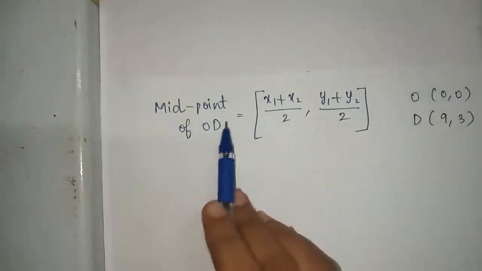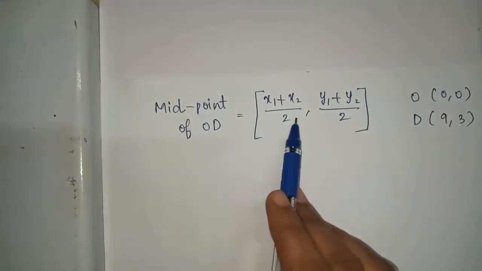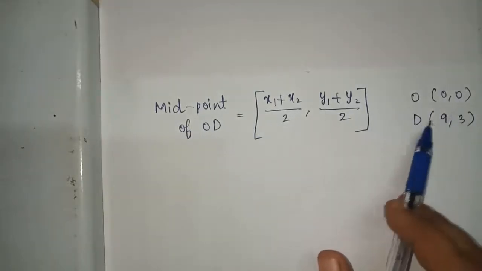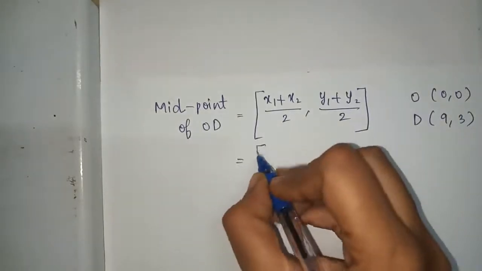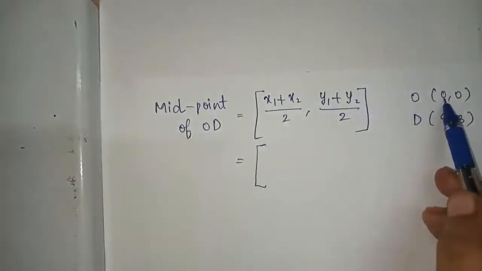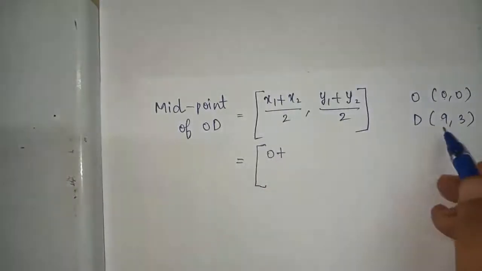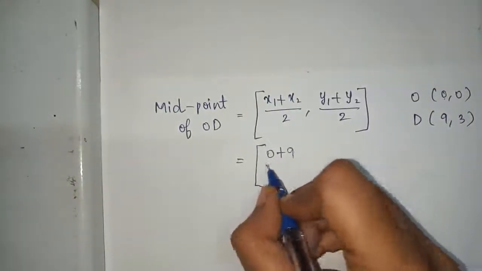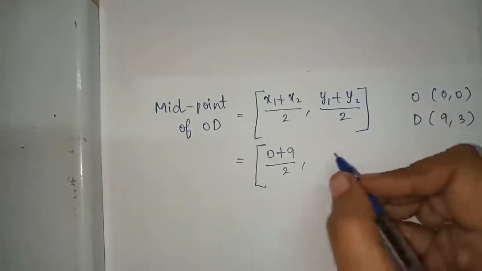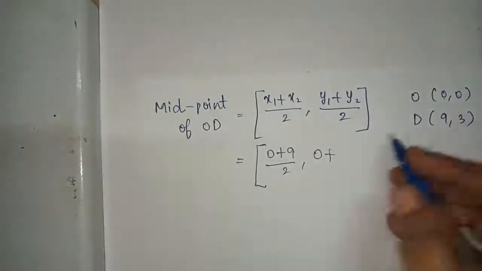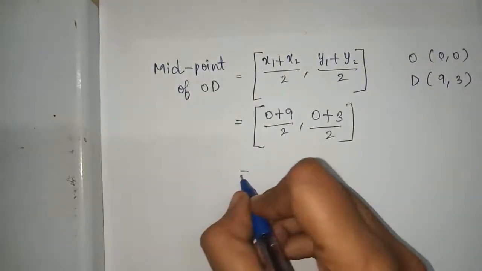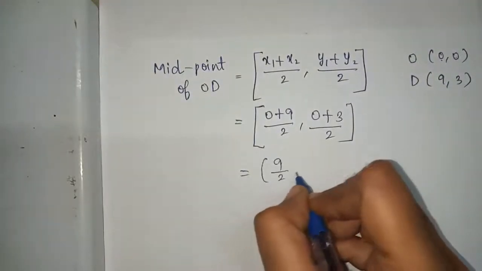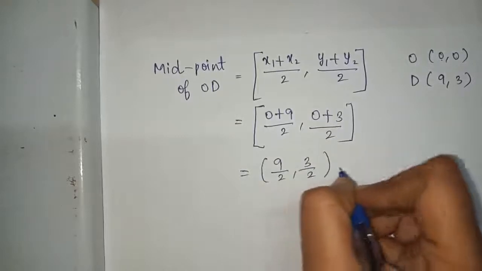Next we are going to find the midpoint of OD. This is the midpoint formula. O is 0, 0 and D point is 9, 3. So substitute the values in the formula. Then x1 is 0 plus x2 is 9 divided by 2, y1 is 0 plus y2 value is 3 divided by 2, which is equal to 9 by 2, 3 by 2.